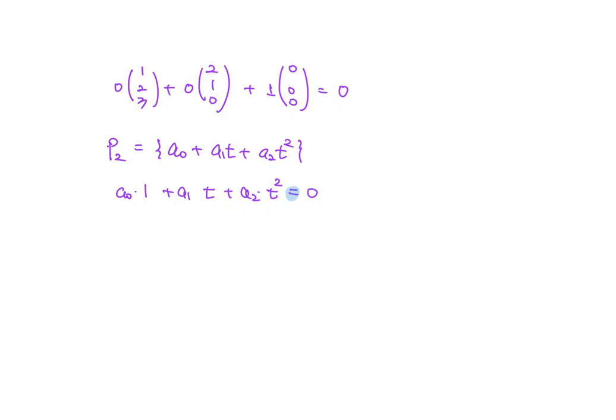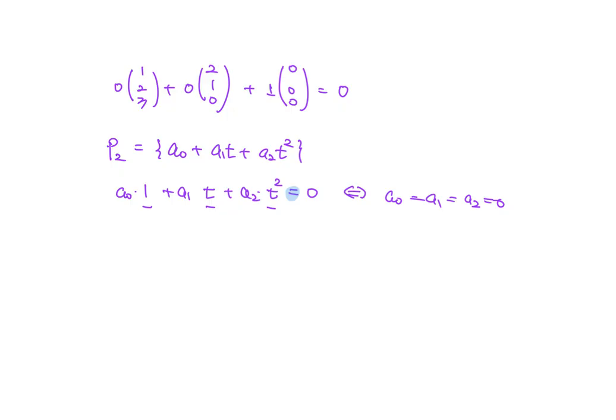So that happens only when A0, A1, and A2 are all zeros. That's what we learned in high school days, right? So the set of 1, t and t squared will be linearly independent.